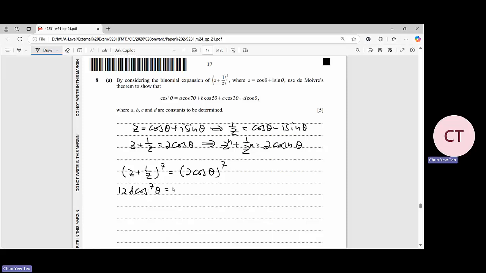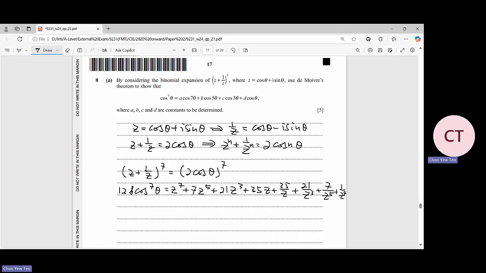Then on my right hand side, I will write the binomial expansion: z to the power 7 plus 7z to the power 5 plus 21z to the power 3 plus 35z plus 35 divided by z plus 21 divided by z cubed plus 7 over z to the power 5 plus 1 over z to the power 7.